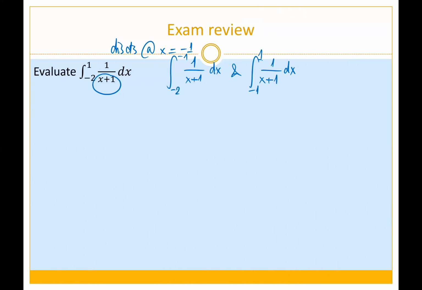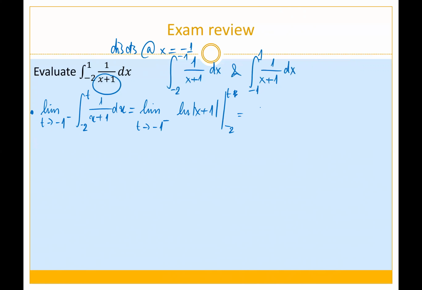So you have the limit of t approaching -1 minus of the integral from -2 to t of 1 over x plus 1 dx. This one is the limit as t approaches -1 minus of ln of the absolute value of x plus 1, evaluated from -2 to t.